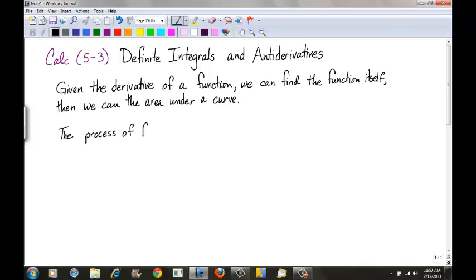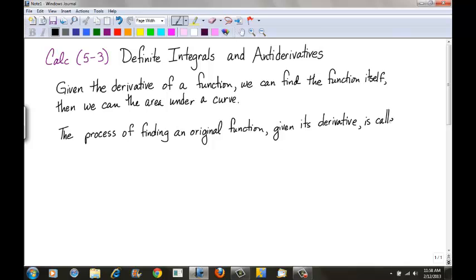And the process of finding an original function given its derivative is called integration.